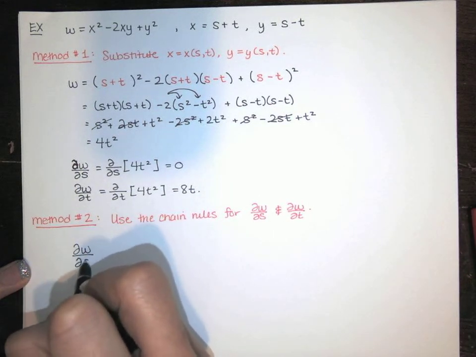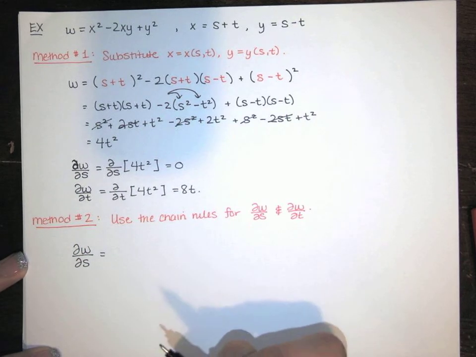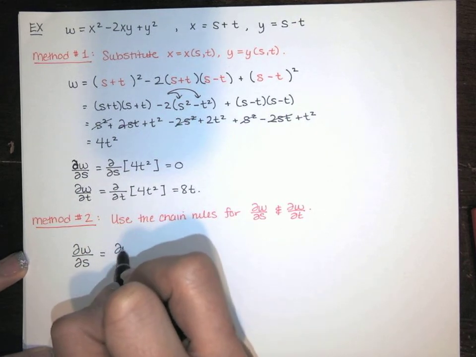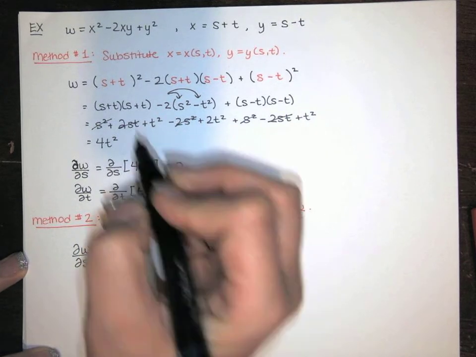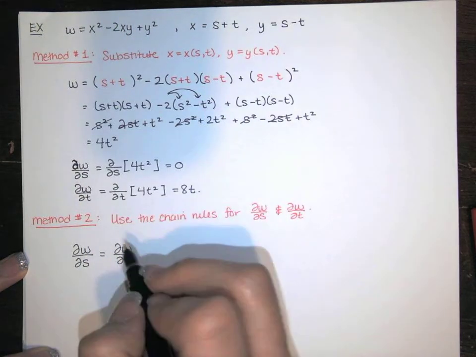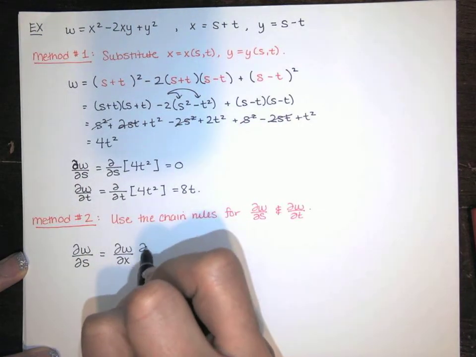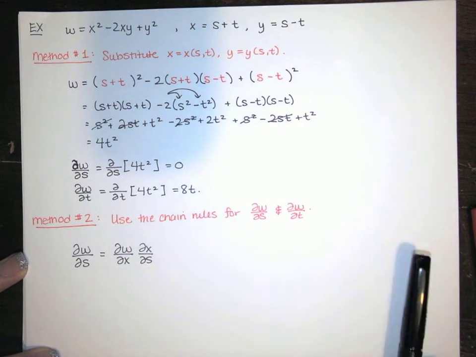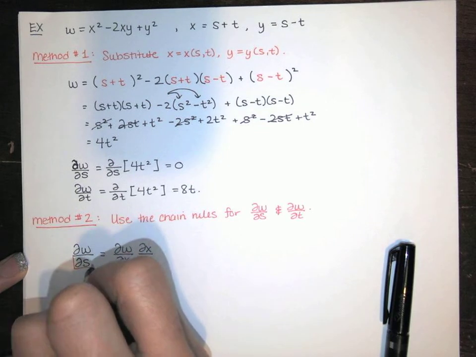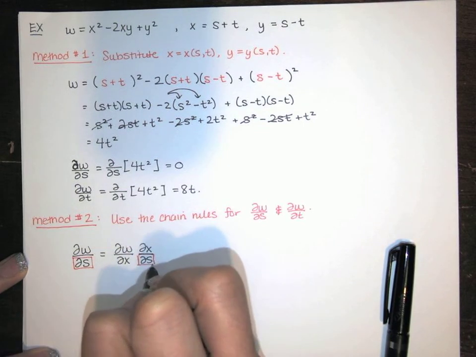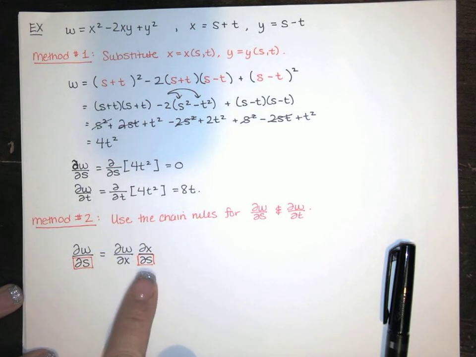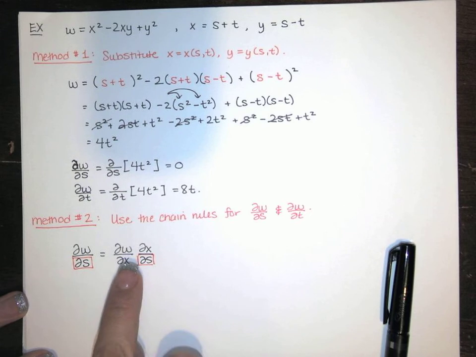Partial of w with respect to s is partial of w with respect to x, that was one of our original variables, times the partial of x with respect to s. Notice that these variables match. So this is giving me the change in w as s changes, as x changes.